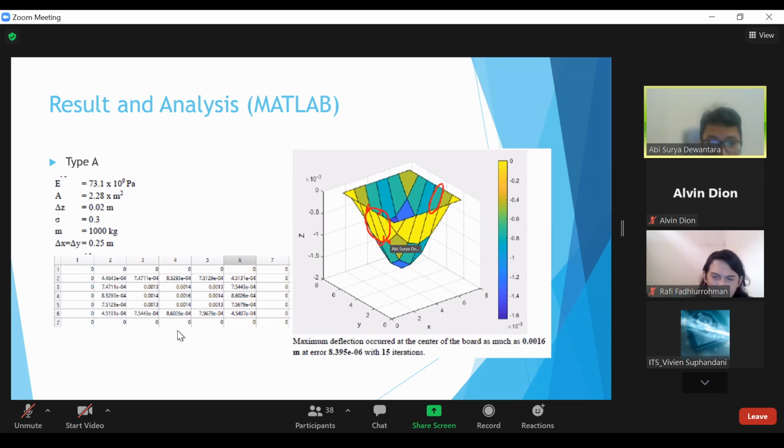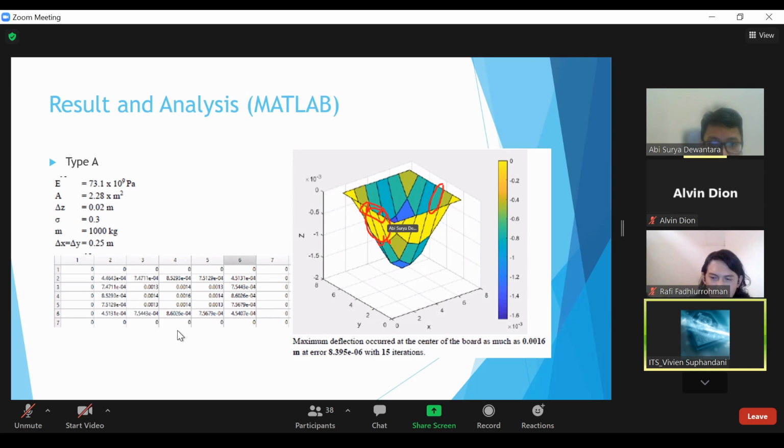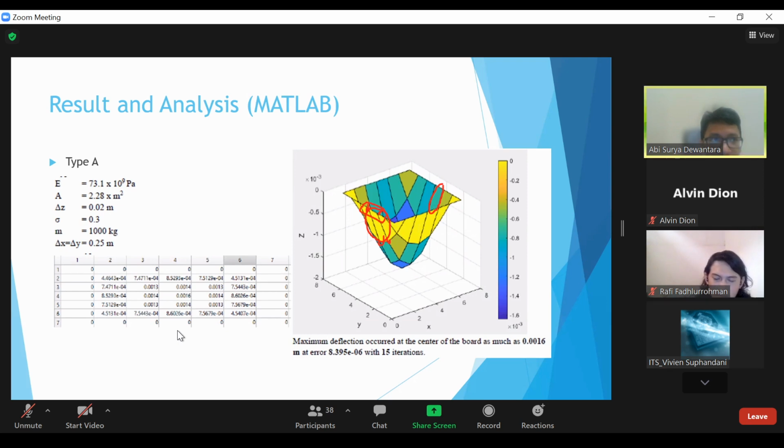So I think they use this node dominantly. How do I say? Can I use Indonesian, ma'am?